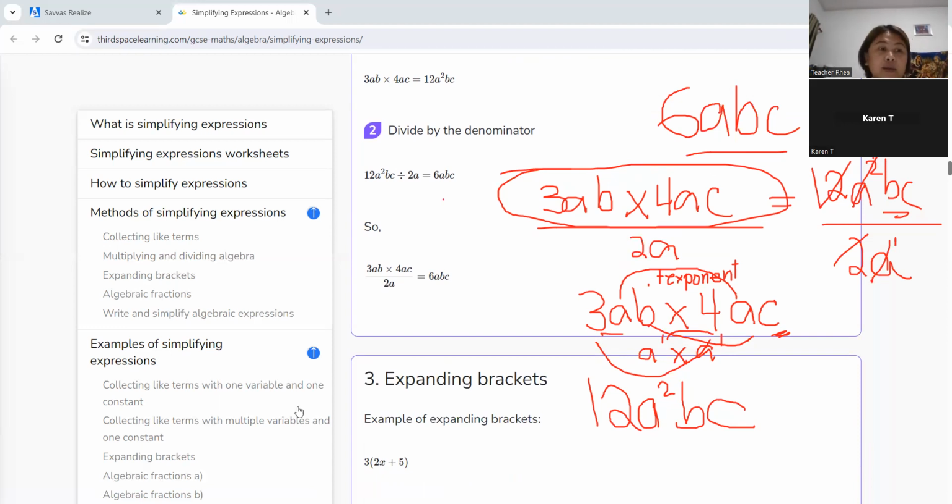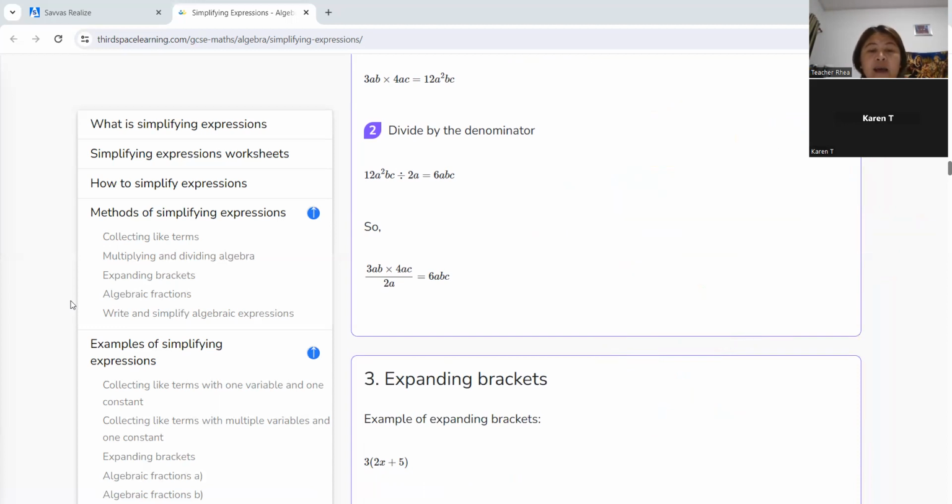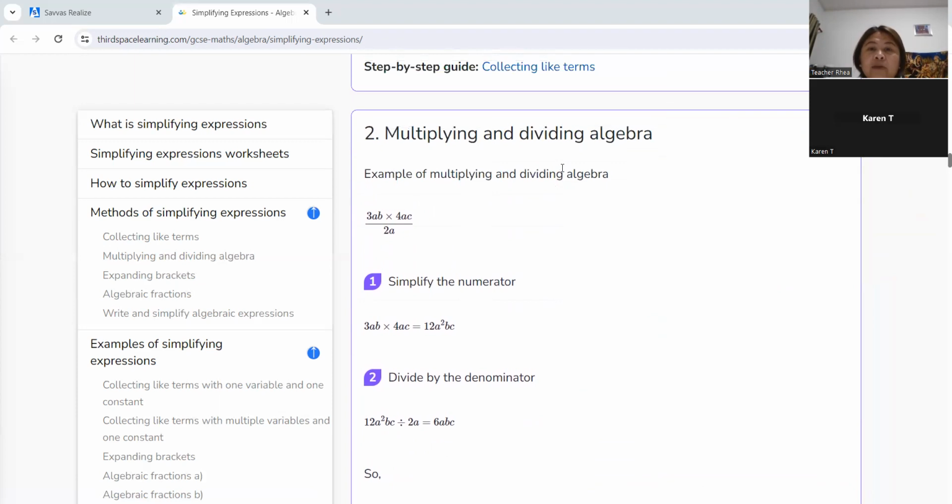That is the second method on how to simplify algebraic expressions using multiplication and division.